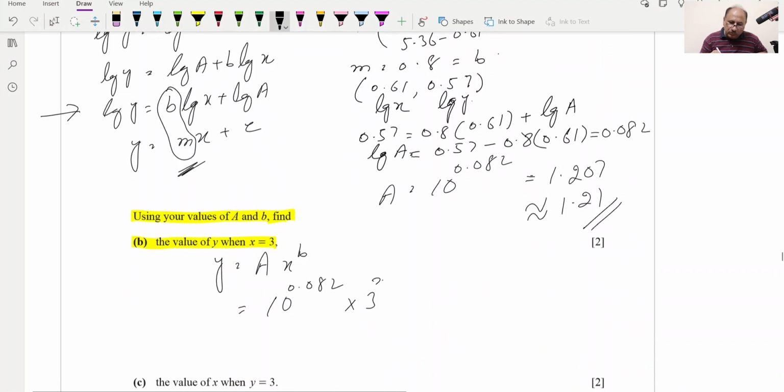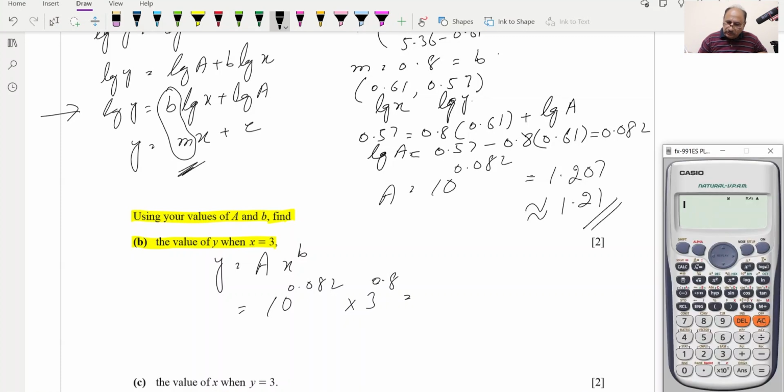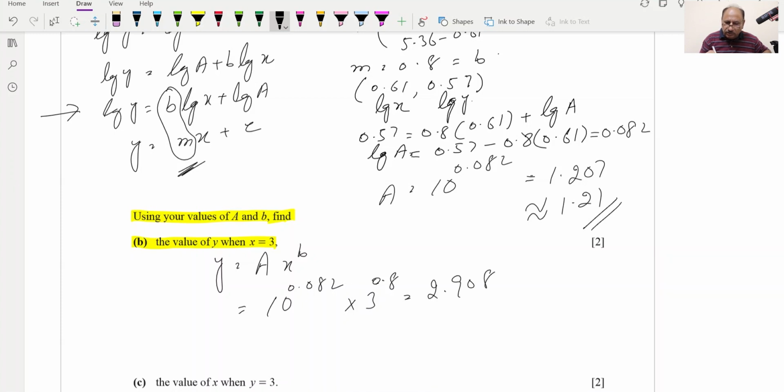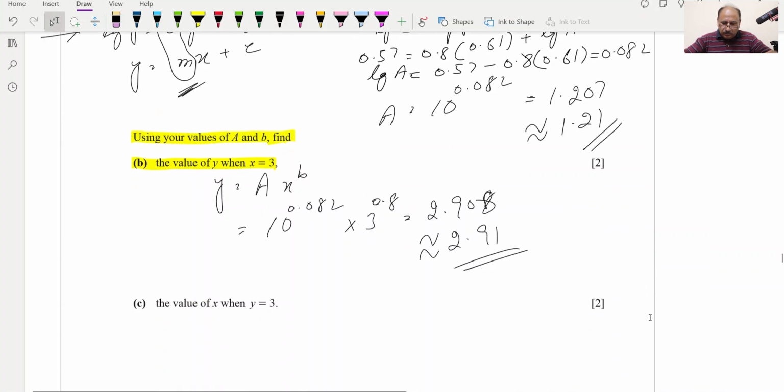So 10 raised to the power 0.082 multiplied by 3 raised to the power 0.8 is equal to 2.908, or we can write it as 2.91. So 2.91 will be our answer for this one.